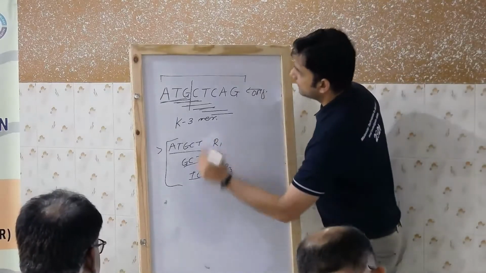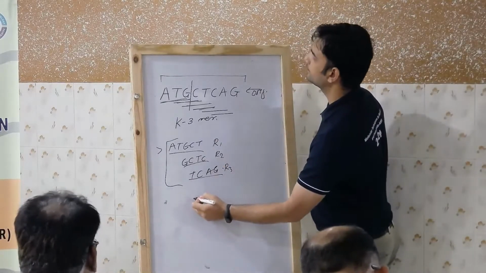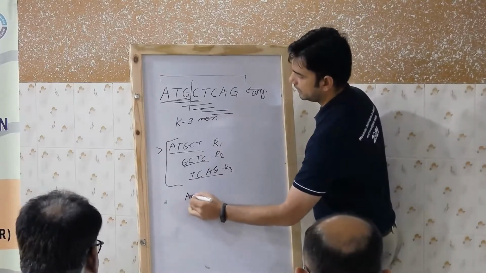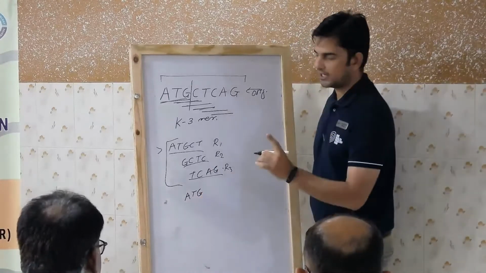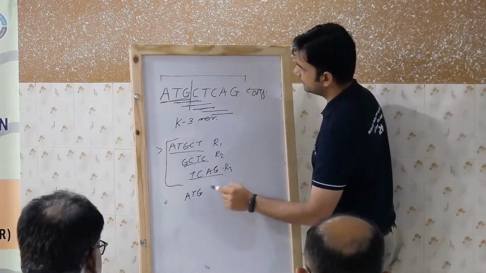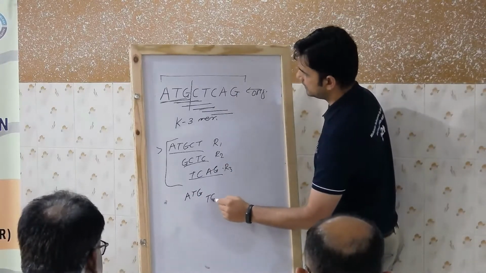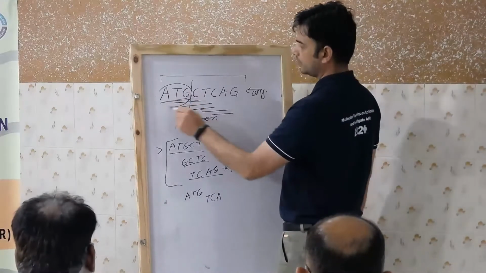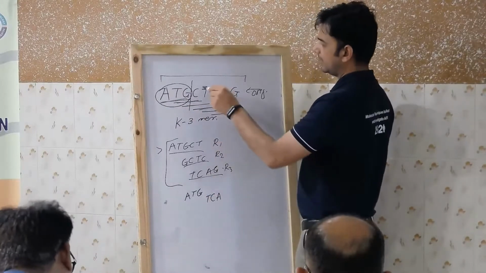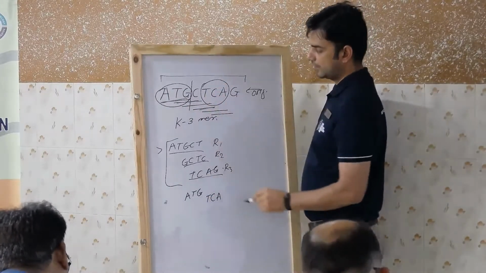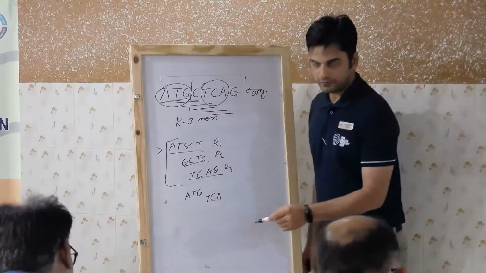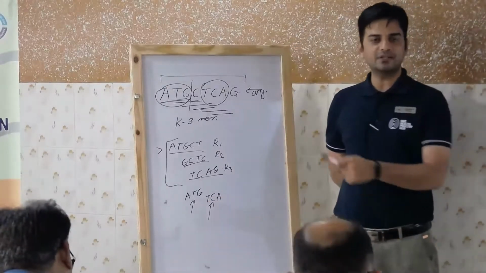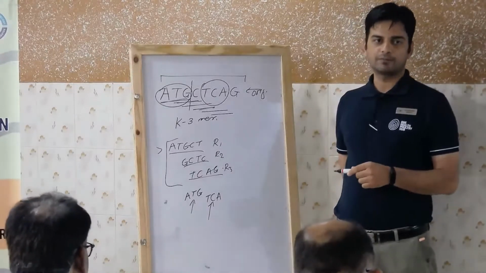Like, let's say ATG is one k-mer, then TCA as our second k-mer. So ATG is our first and TCA our second. When a software tries to find out any overlap between these two k-mers, it will not find any.